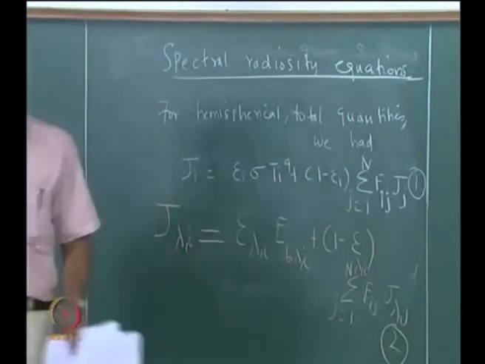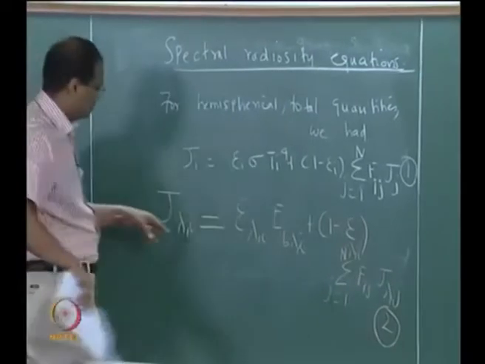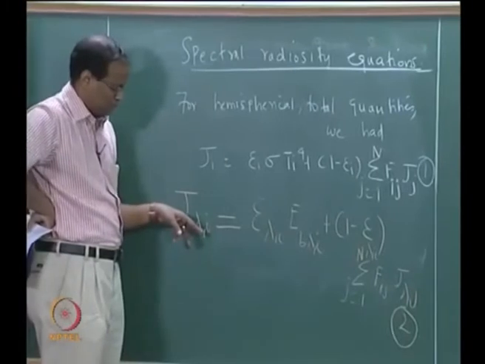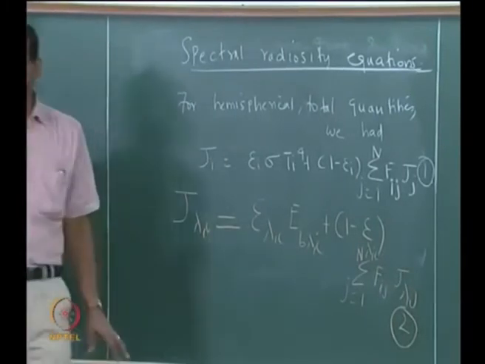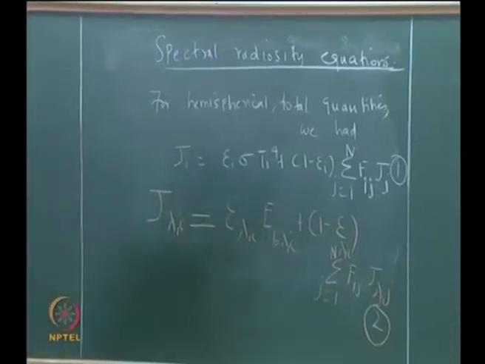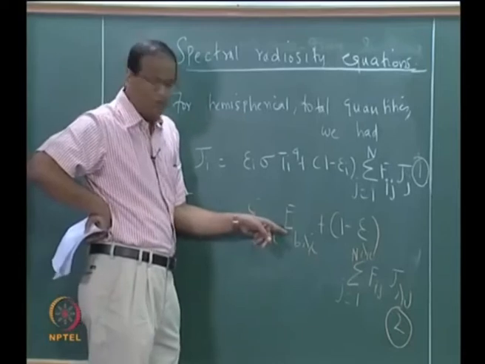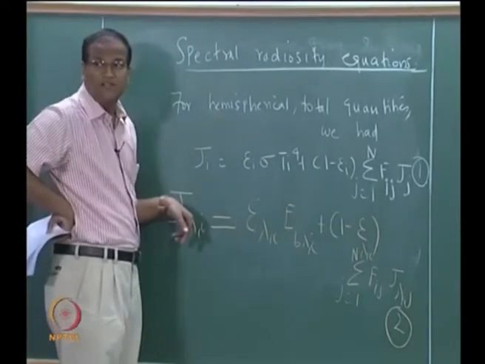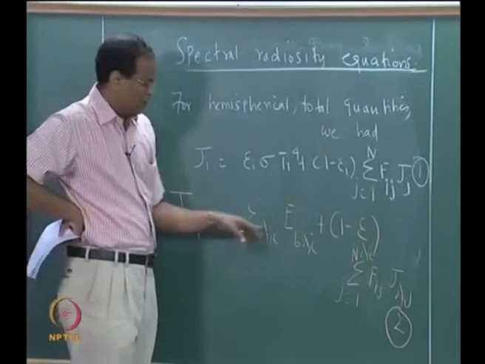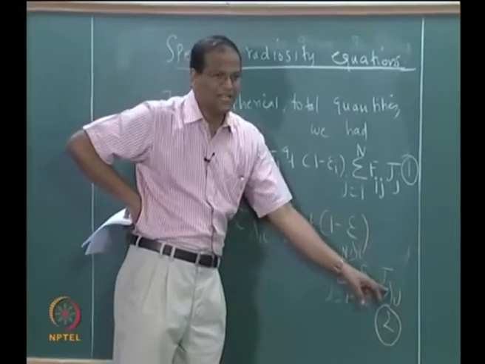Please see whether it is all right. If you do not like this notation, the notation is fine. So J lambda i is epsilon lambda E b lambda i. I can't put sigma T to the power of 4 because this is J lambda, not J from 0 to infinity. So I have to put epsilon lambda this plus 1 minus epsilon, the view factor is the same, and J lambda of j.